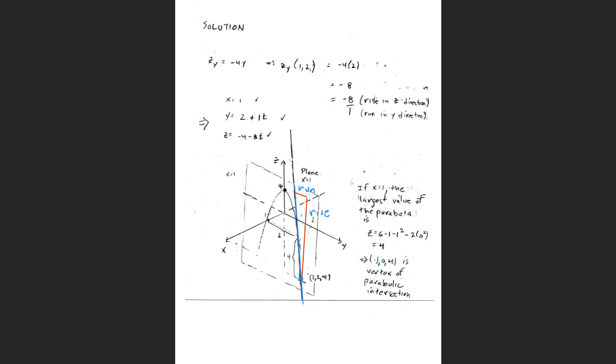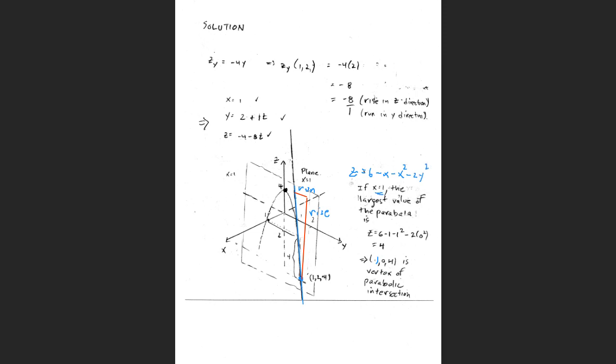And I'll mention that the highest point, the vertex of the parabola, is 4, because if you think about substituting in, the equation of the paraboloid is z equals 6 minus x minus x squared minus 2y squared, right?